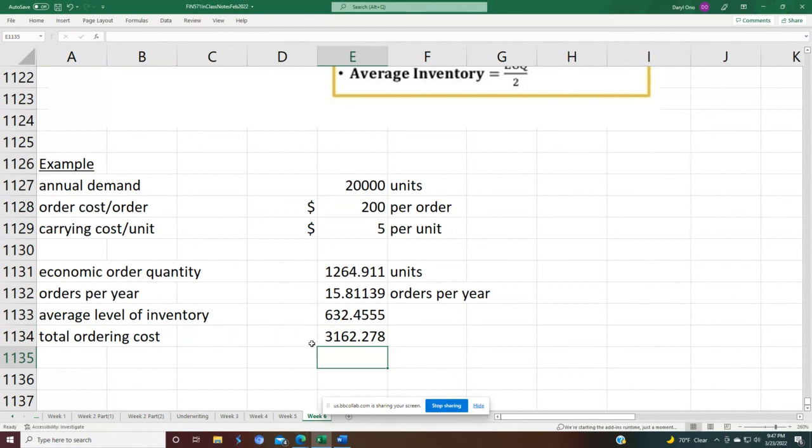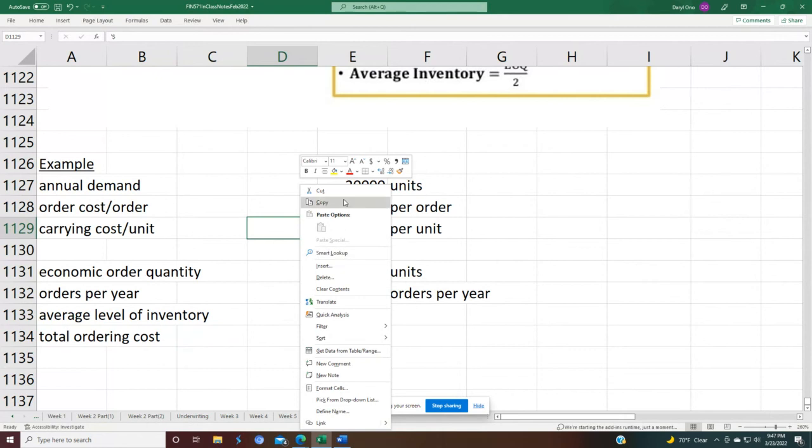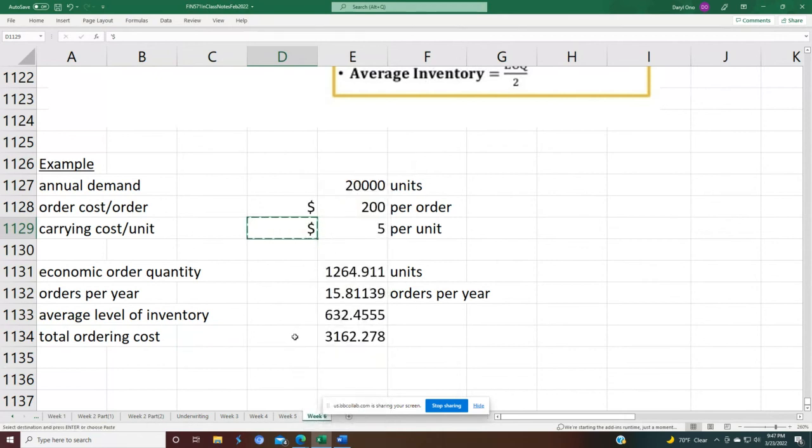My total ordering cost is going to be equal to $3162.278. Any questions? Everyone see how we get those numbers?